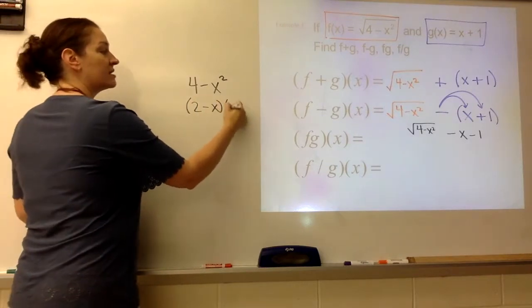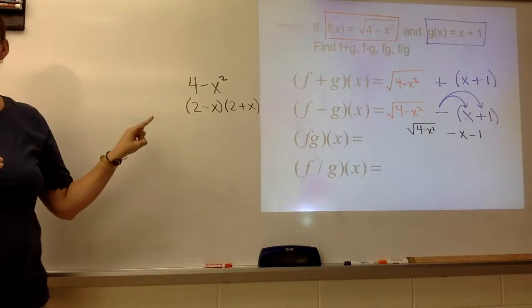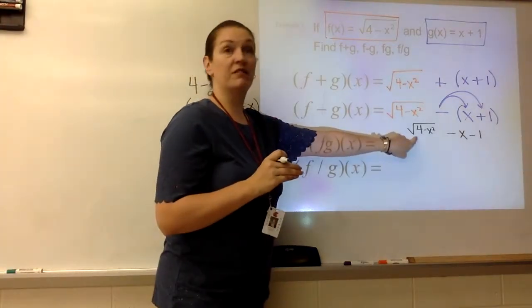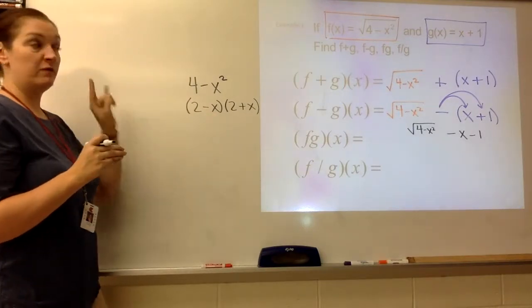Two minus x, 2 plus x. Are they the same factor that I could take one out because I have an identical pair? No. So this cannot be further simplified because I can't factor it and get a quantity which can be removed because they are identical.